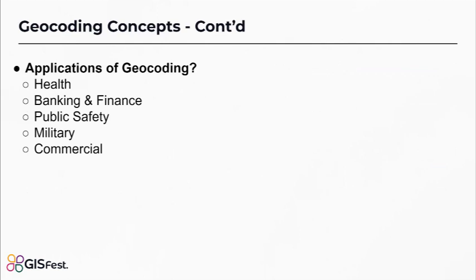Just to stress again, there are a lot of applications of geocoding. This is just a few of them. Health is one of them. If you attended the session by Zipline, she mentioned them using GPS to orient the drone and know its current location. So it's one of the applications of geocoding.